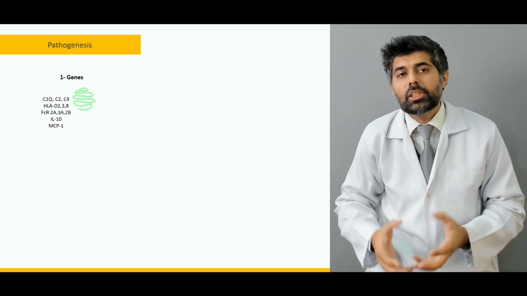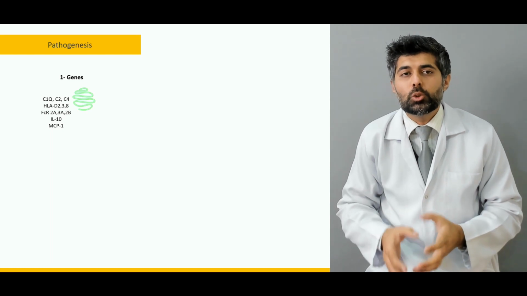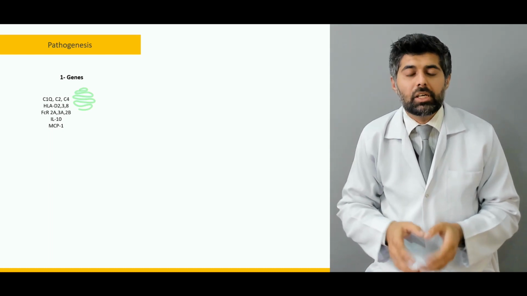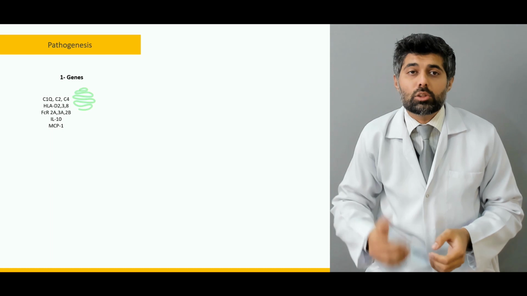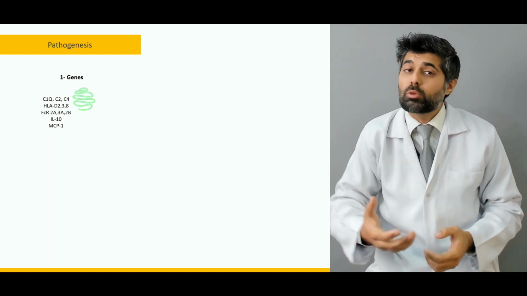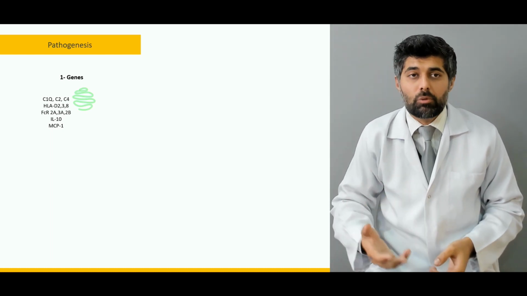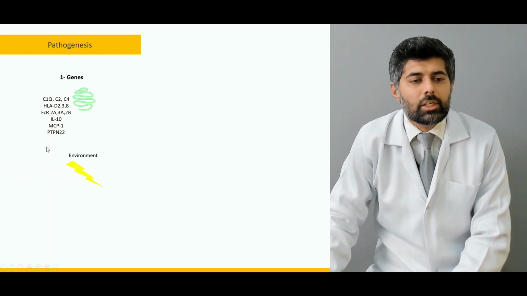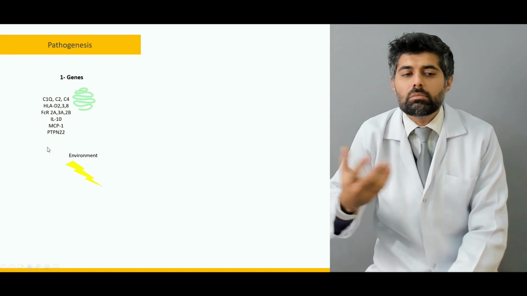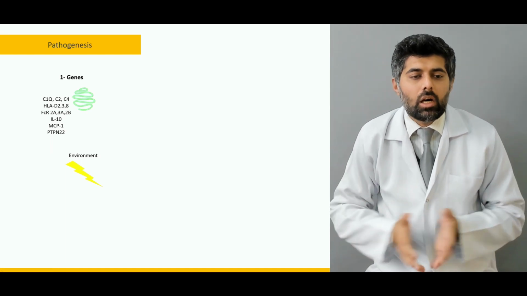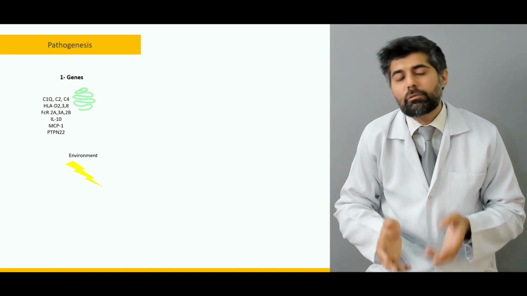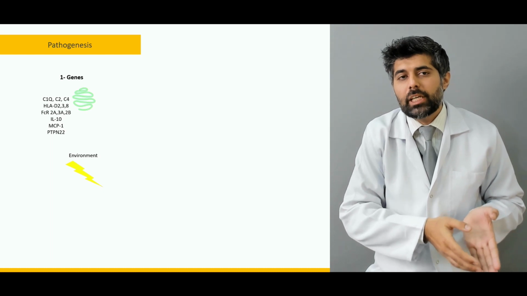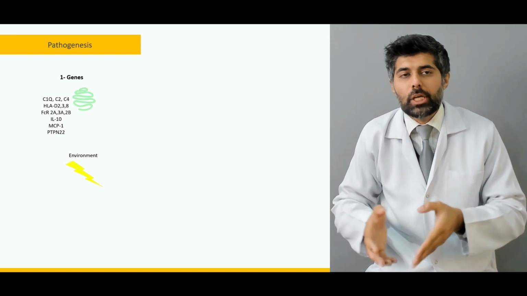And because of this, the normal functioning of the tissue will be totally disrupted, and that will result in the loss of function. That is a crucial component of inflammation. So it can also result in other proteins such as PTP, that is the phosphotyrosine phosphatase N22.